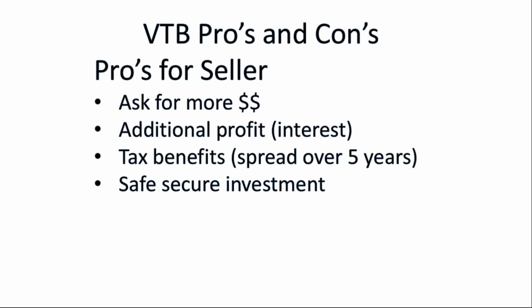Tax benefits can be a huge one for them. It depends on their capital expense. So when they actually report the profits from the sale of that property, any capital gain has to be taxed in the year that it's received. If the capital gain can be spread out through the form of a vendor take-back mortgage, then they can spread those payments to the government out over 5 years, which could potentially reduce their tax payment.